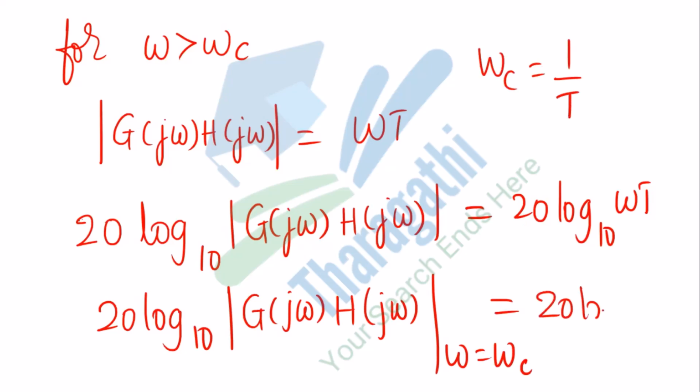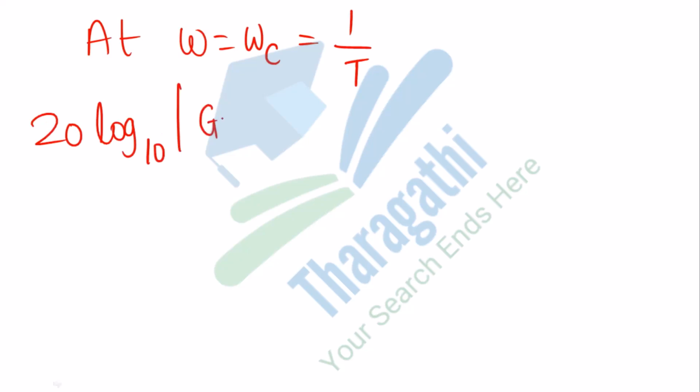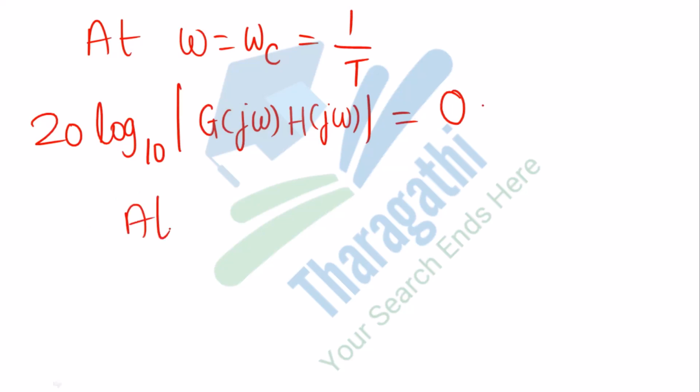Omega c is equal to 1 by t. So we get 20 log 10 of 1 by t into t. T gets cancelled, 1 remains. So 20 log 10 of 1, you know that is equal to 0. So at omega equal to omega c, that is 1 by t, 20 log to the base 10 of G(j omega) H(j omega) is equal to 0.